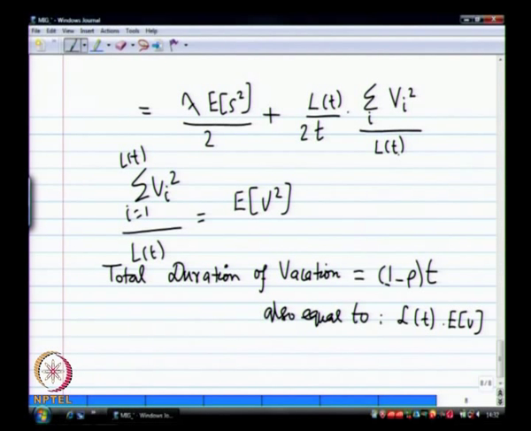This is with respect to the interval 0 to t, and this is what we are trying to equate. So we equate these two.